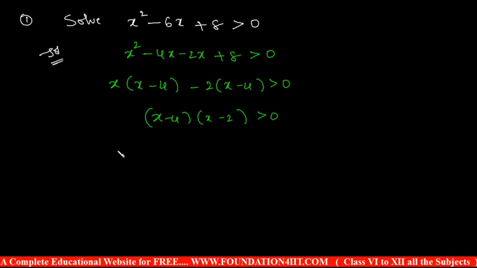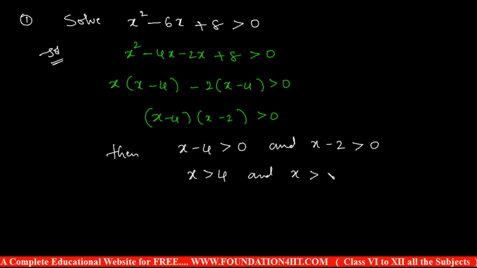Then here are the two cases. This value is greater than 0. If a into b is greater than 0, both must be more than 0 or both must be less than 0. Then x minus 4 is greater than 0 and x minus 2 is also greater than 0. This is one case. So from this x is greater than 4 and x is greater than 2. This is one case.